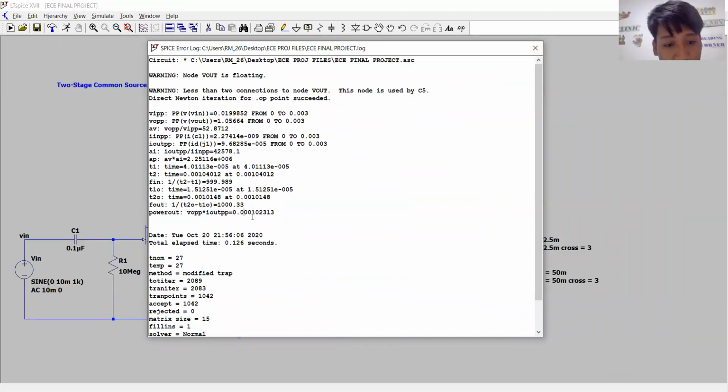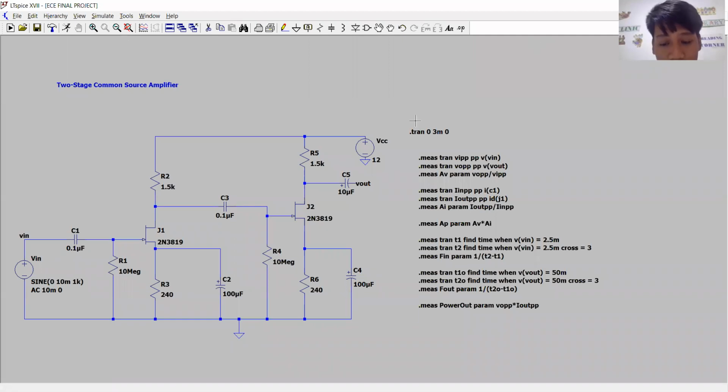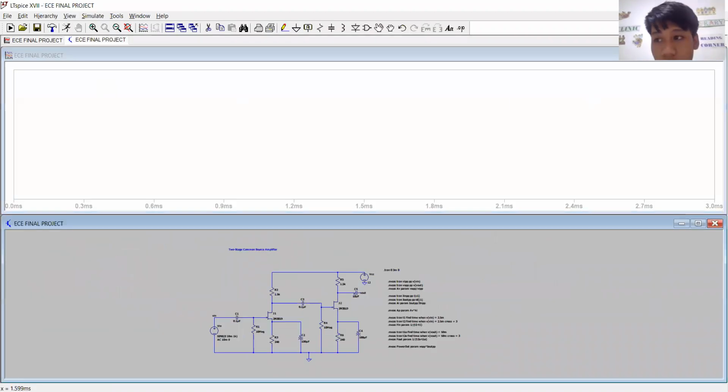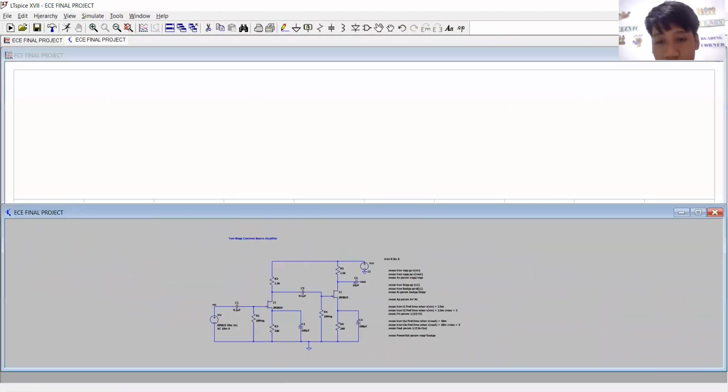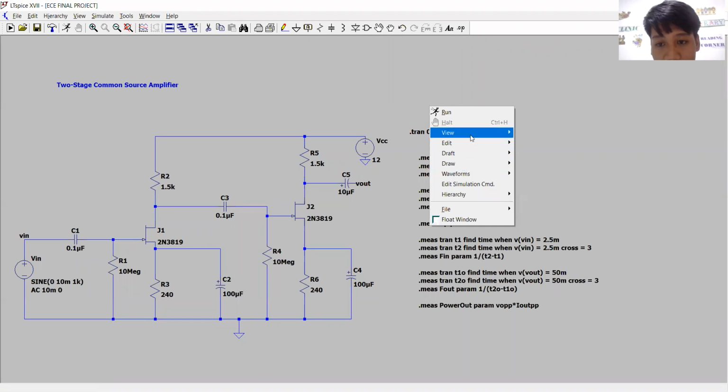And it is 1.02 M, if I am not mistaken. Sorry for the mistake. The power output, where did that go? Here, spice error log.